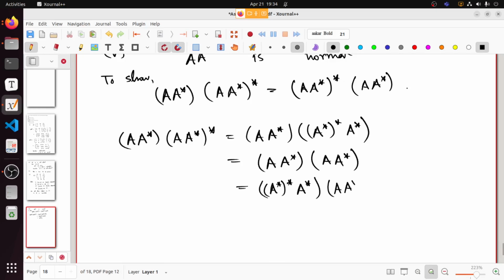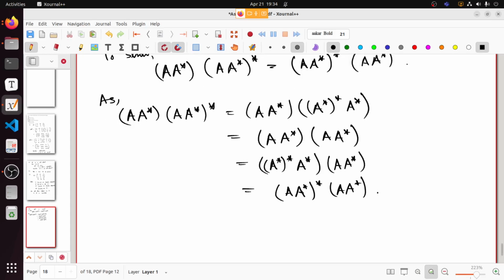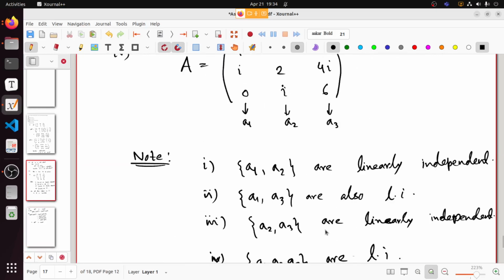So this is the same as A star A star whole star, right? So you have proved A star whole star A star equals A star A star whole star, which implies A star is normal. So therefore option number 5 is correct.